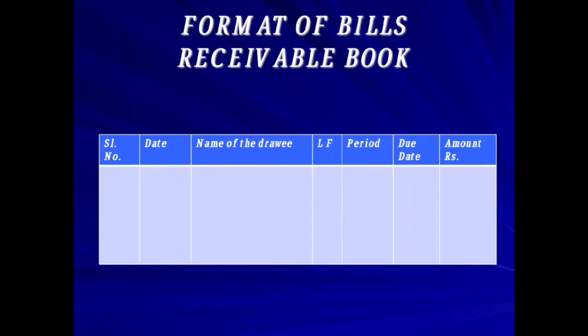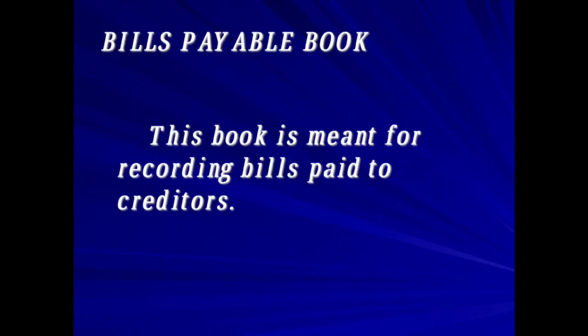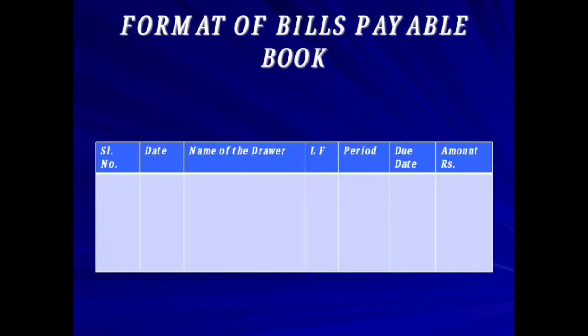Okay, then bills payable book. What is it? This is the book meant for recording bills paid to our creditors, means the bill on which you have to pay the amount, that is bills payable here. Then we'll see the format of bills payable book: serial number, date, name of the drawer here.